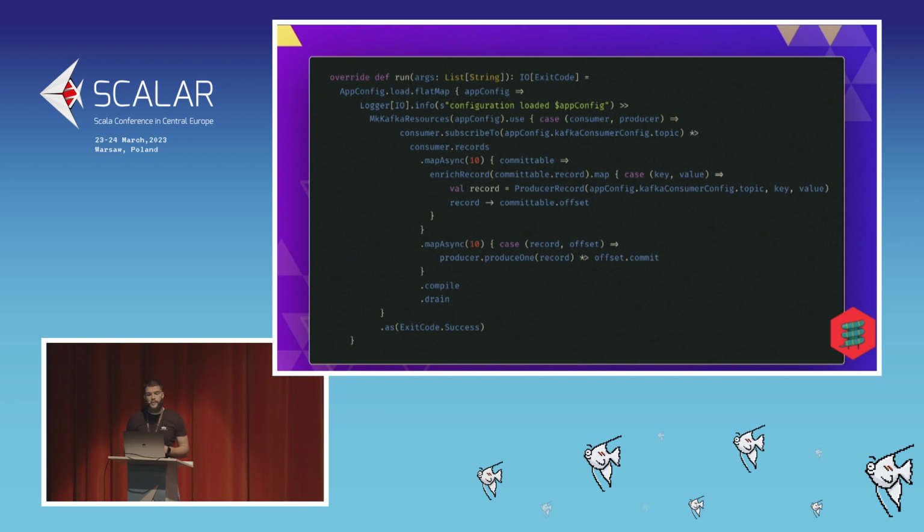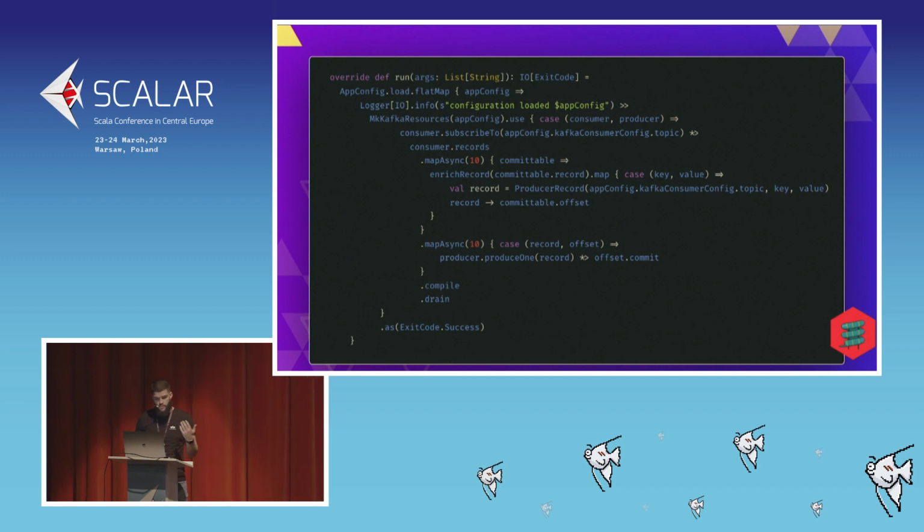Each record is a CommittableConsumerRecord, which is an FS2 Kafka data type, which contains both the Kafka record and associated offsets that can be used to commit records consumption. The mapPar operator is used to apply the enrichRecord function to each incoming record in parallel with a concurrency limit of 10.